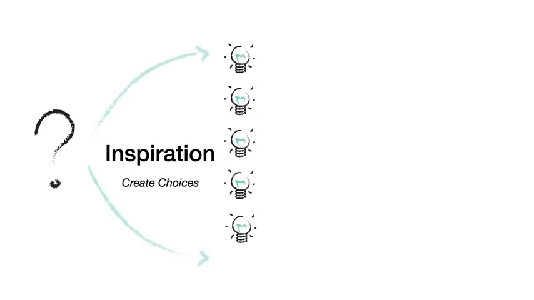Let's assume it's a project for a medical company, and we are asked to come up with good ideas to improve the therapy of diabetes patients. In this case, it's our job to gather inspiration for new solutions, so we are creating choices. This broad kind of research is called generative. It's exploratory, often used in the beginning of projects.